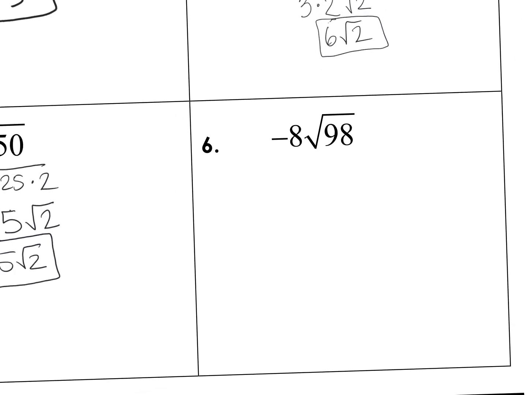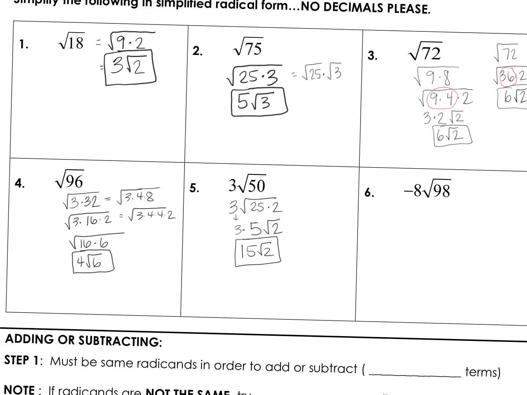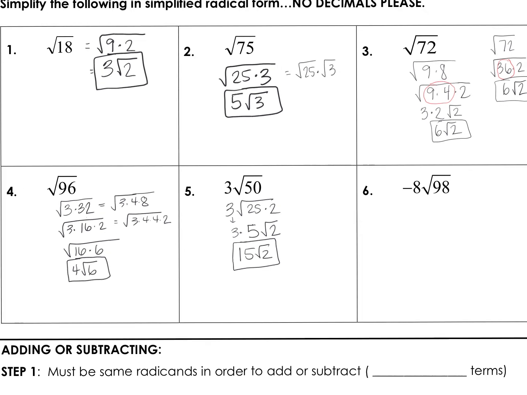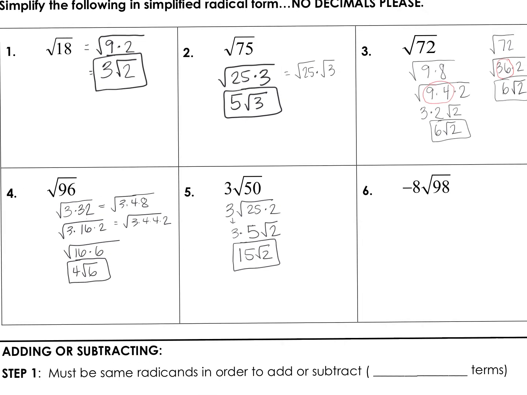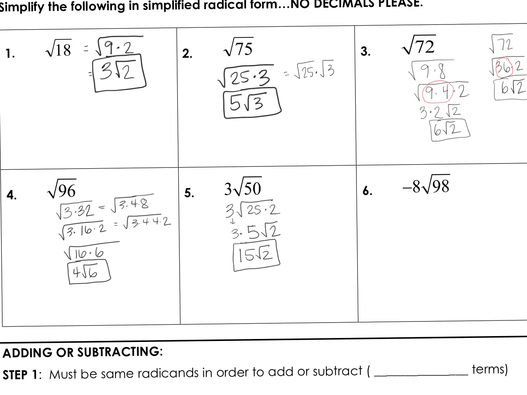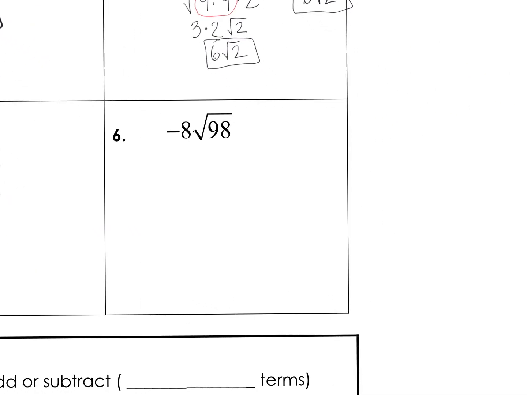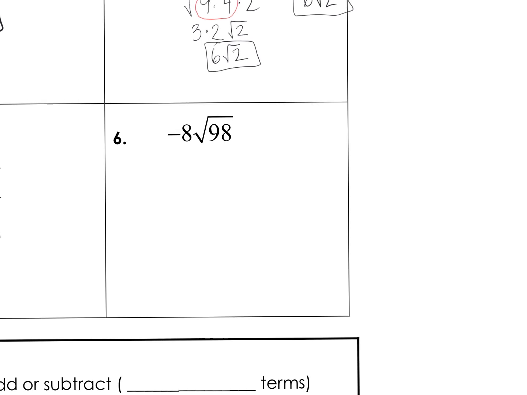Okay, now root 98. Now we just did root 96, so I know root 98 is not a perfect square, and I know that 16 is not a factor. So, let's see here. I know that this is -8, and then 98 is even, so it's going to be 2 times something.